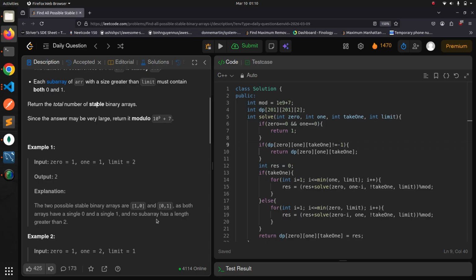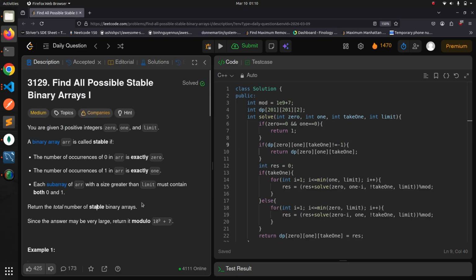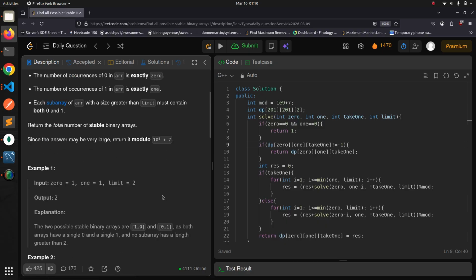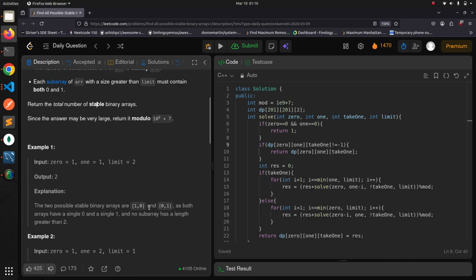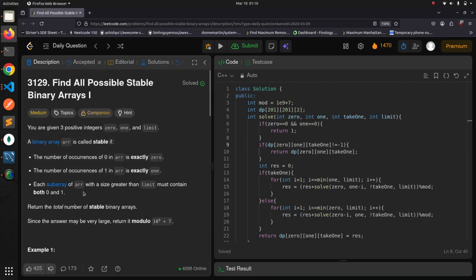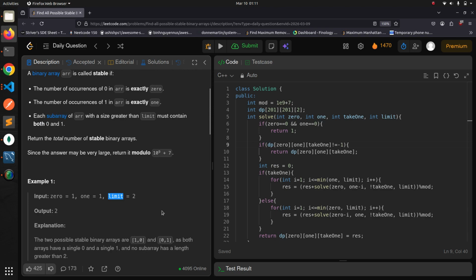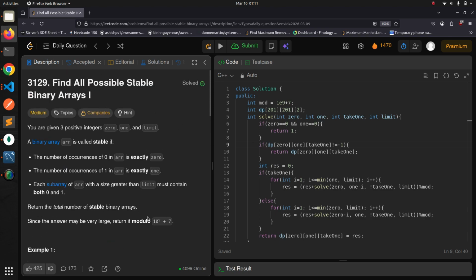So in this question we are given three integers zero, one and limit, and we need to find the number of possible stable binary arrays. So what is a stable binary array? A stable binary array is an array which contains zero number of zeros and one number of ones, and it is given that each subarray of size greater than limit should contain both 0 and 1.